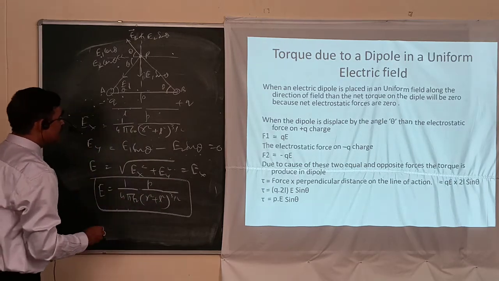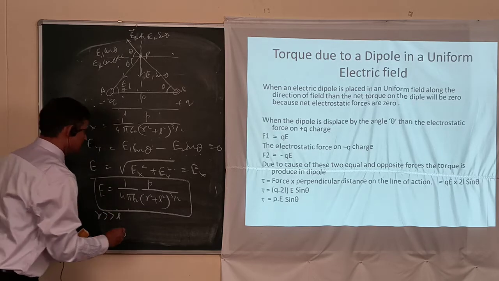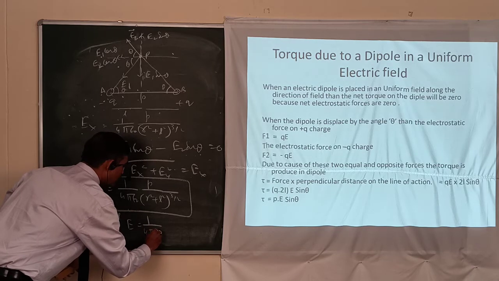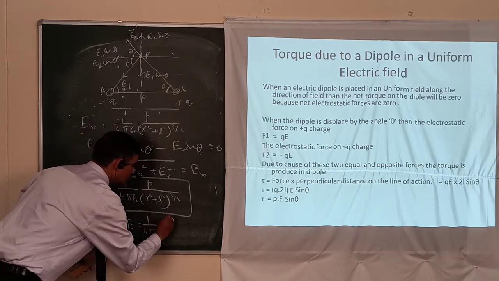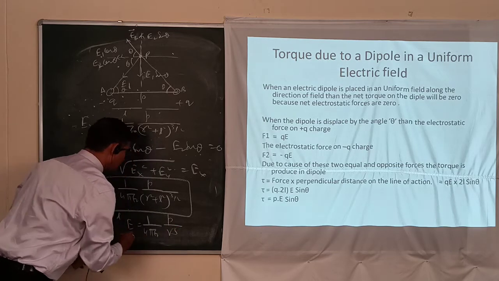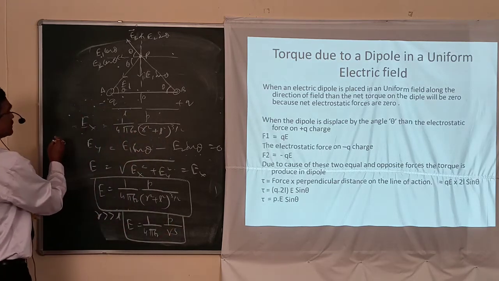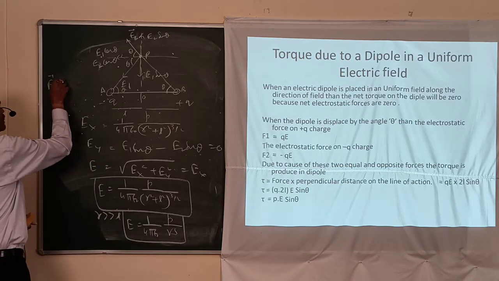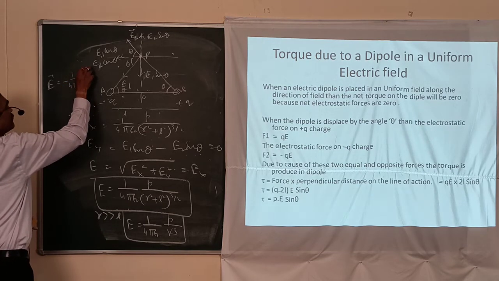Now if we take a condition that R is very much greater than L, then the approximation will take place and we remove the L in comparison to the R, so it will be P upon R cube. Now if we take the vector equation, E will be equal to minus 1 upon 4 pi epsilon naught P upon R cube.